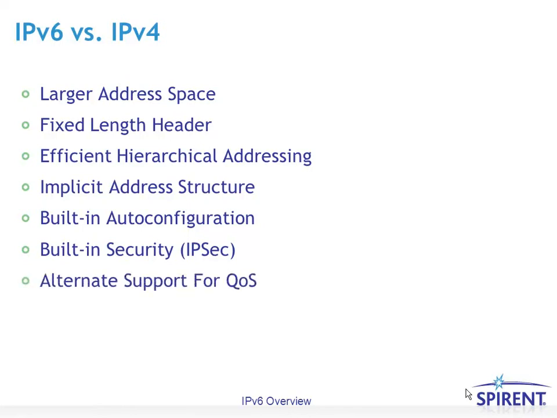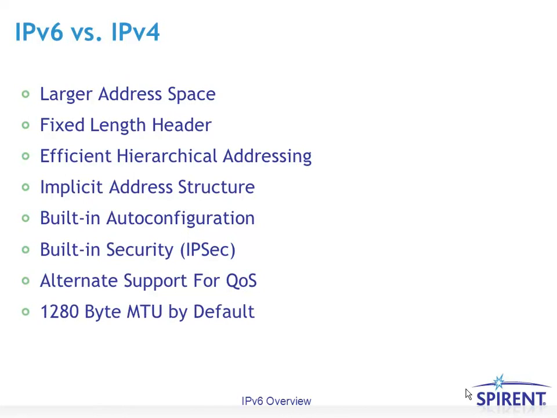I mentioned earlier that IPv6 also has alternate support for QoS. So what one might refer to as stateless or class of service, using the protocol differentiated services and priority bits today, but also IPv6 supports stateful or integrated services using the flow label, which is an MPLS-like implementation for IPv6.